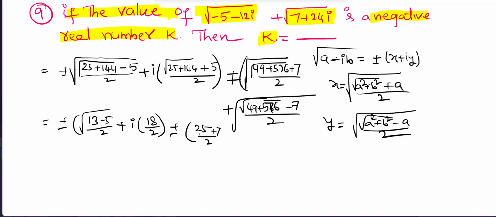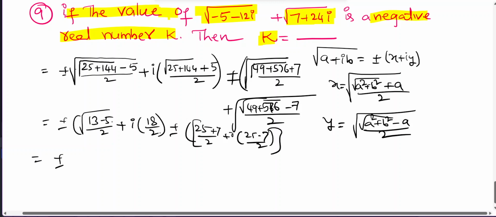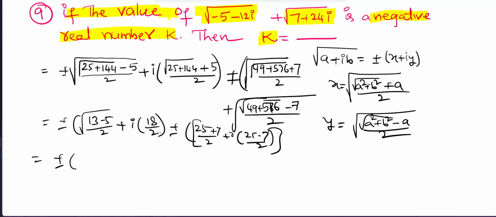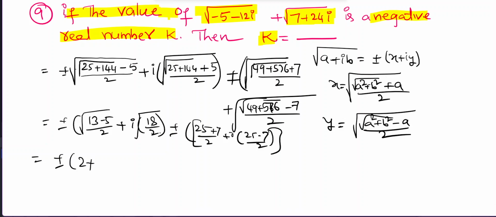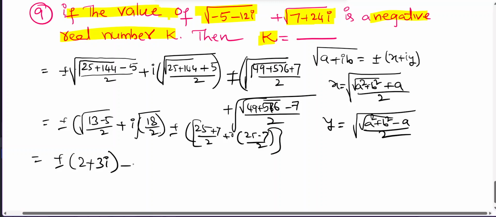Root over 25 plus 7 by 2 plus i into root over 25 minus 7 by 2, that is equal to plus or minus 13 minus 5, 13 minus 5 is 8, 8 by 2 is 4, root 4 is 2, plus i root 9, root 9 is 3i, plus root over 25 plus 7, this is 32 by 2, 16, root 16 is 4, plus i into 25 minus 7, 18 by 2, 9, root 9 is 3. So 2 plus 3i and 4 plus 3i.